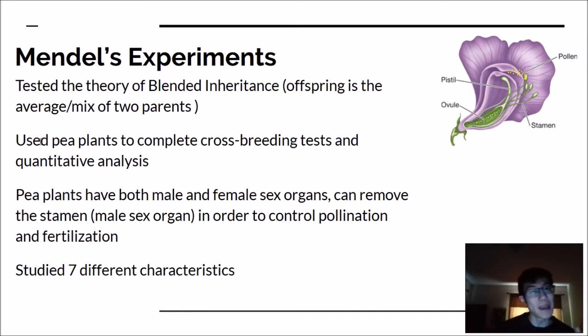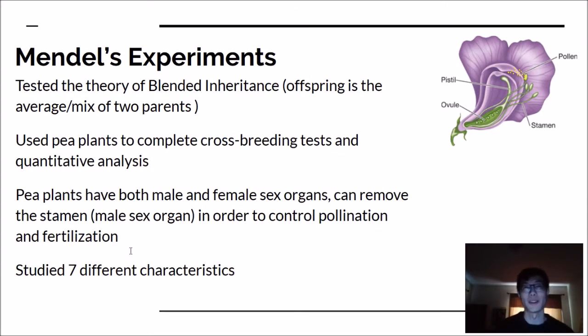Mendel used these pea plants to complete crossbreeding tests and do quantitative as well as qualitative analyses of inheritance. Pea plants have both male and female sex organs, and any researcher can remove certain sex organs, for instance the male sex organ, the stamen, in order to control pollination and fertilization and prevent self-pollination. He studied about 7 different characteristics.